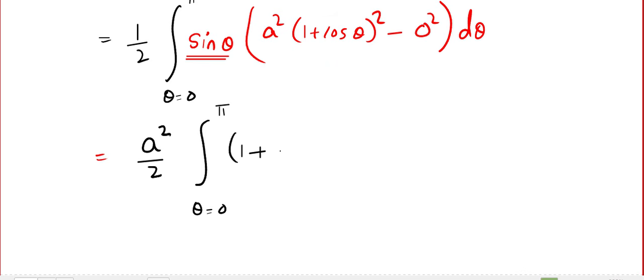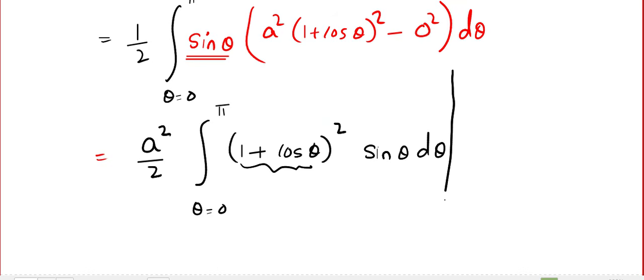when you get a function and a part of the derivative together. You know that cos theta, the derivative is minus sin theta. Anyway, minus sin theta is not here, but sin theta is here. So remember, when this happens, the best method will be substitution.